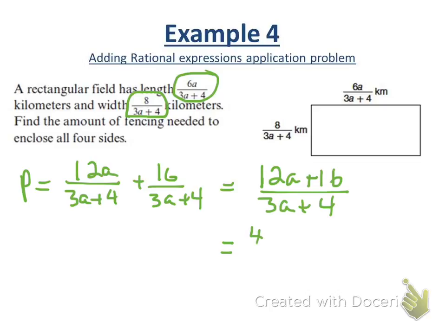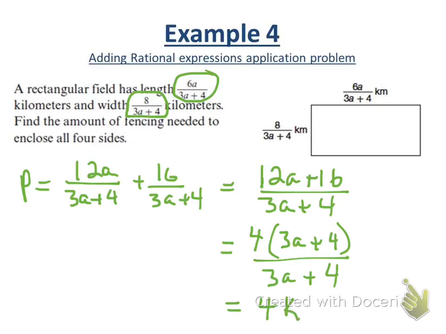So 4 times 3a plus 4 over 3a plus 4. And we're left with 4 kilometers of fencing.